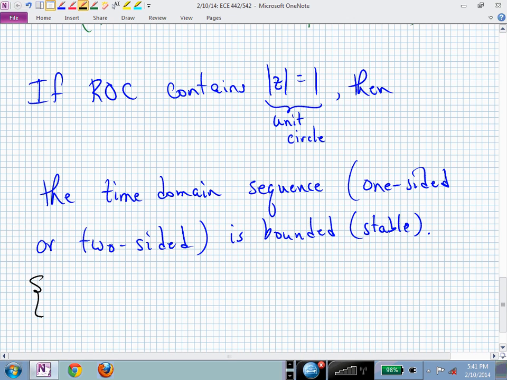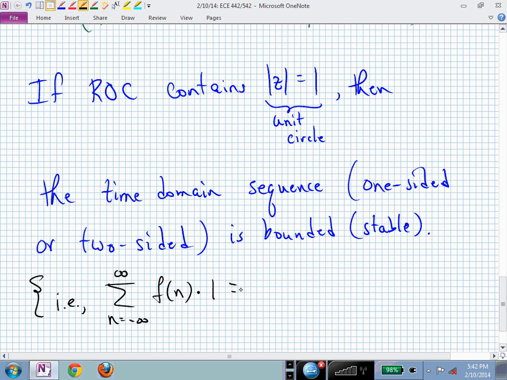which if you looked at from the definition of the z-transform, if we looked at this definition, this sum from n equal minus infinity to infinity of f of n z to the minus n, but if z is on the unit circle, we could say, well, let's just pick one point of z, which is 1, right there on the real line.